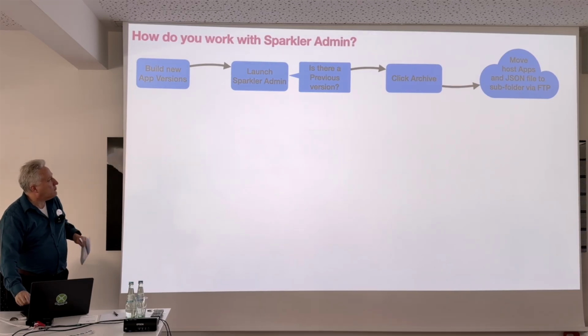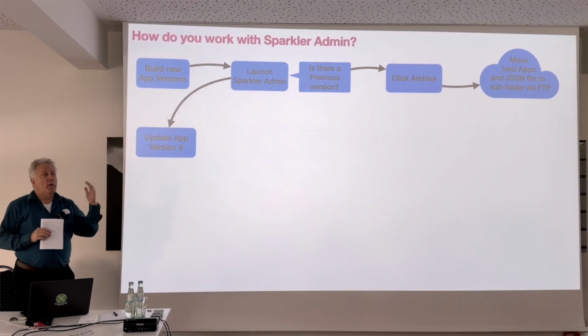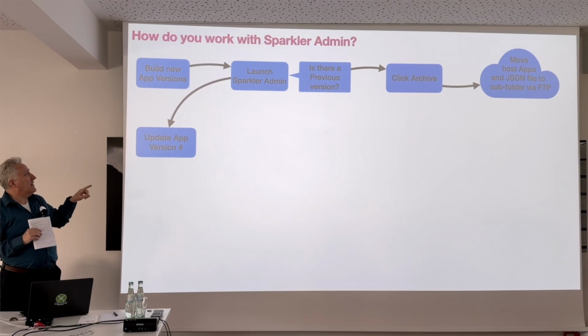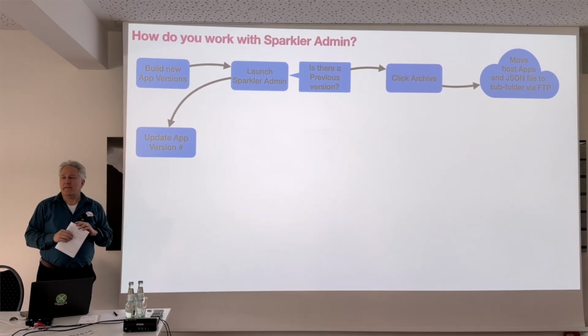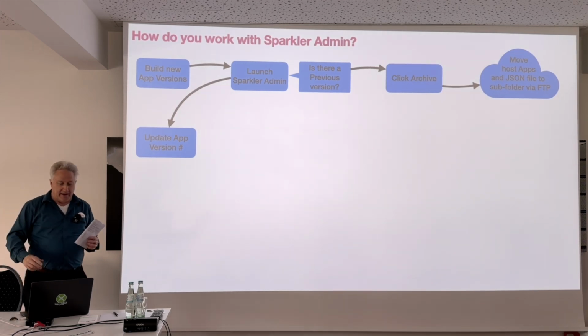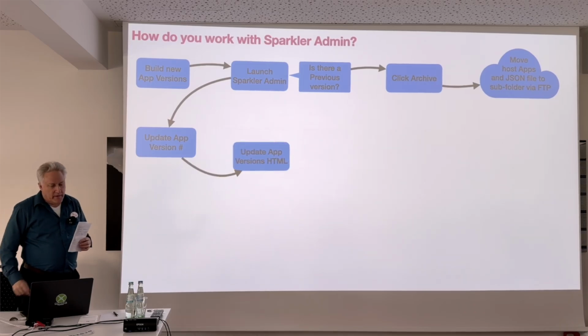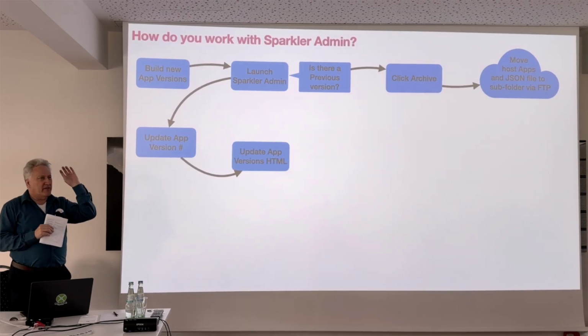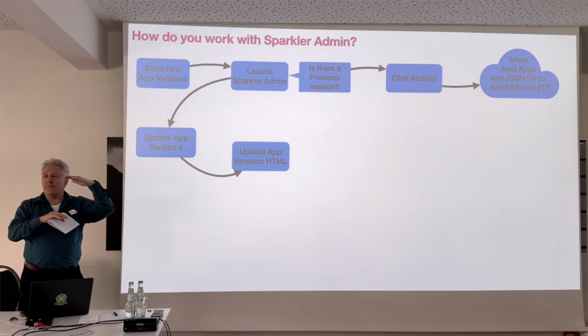Okay, so once we've done that archiving, we then go into the Sparkle admin application and we update the version number. Version 1.0.0 becomes 1.0.1, something like that. We then have a look at where you have the versions.